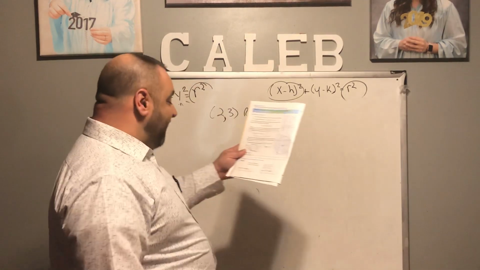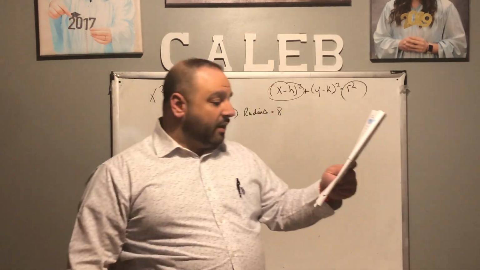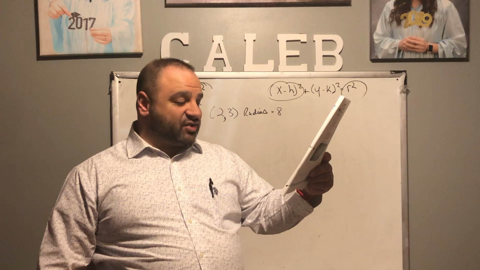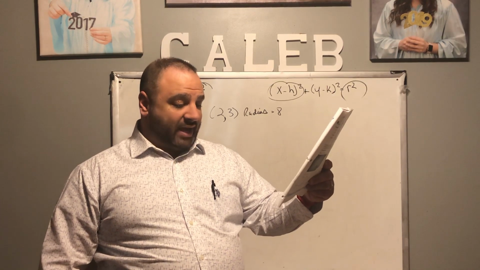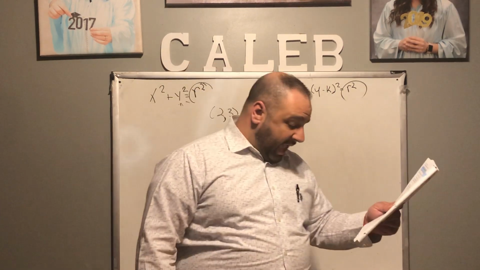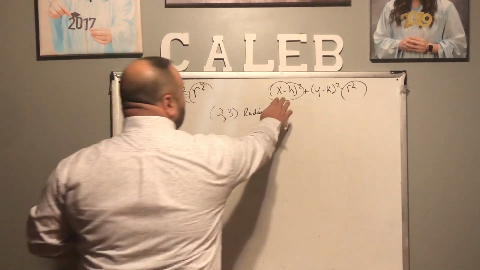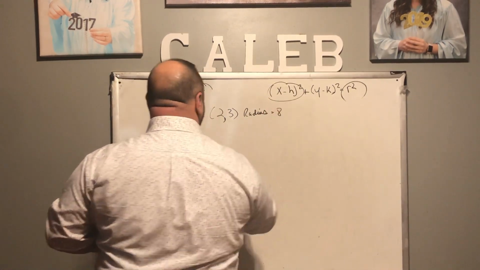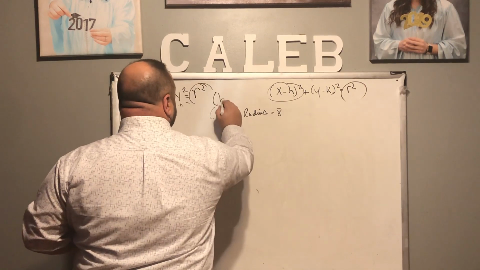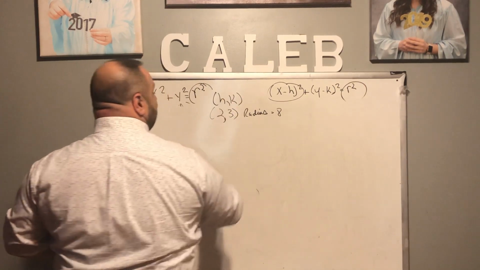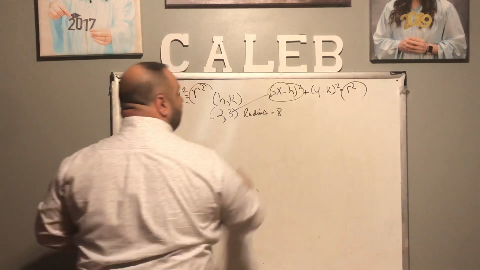The question says, find the equation of a circle with the center and radius. All I'm doing is taking this equation and substituting in the numbers for h and k.